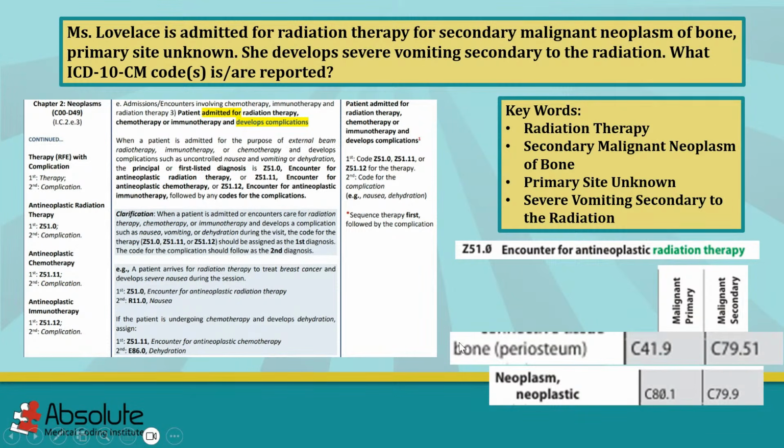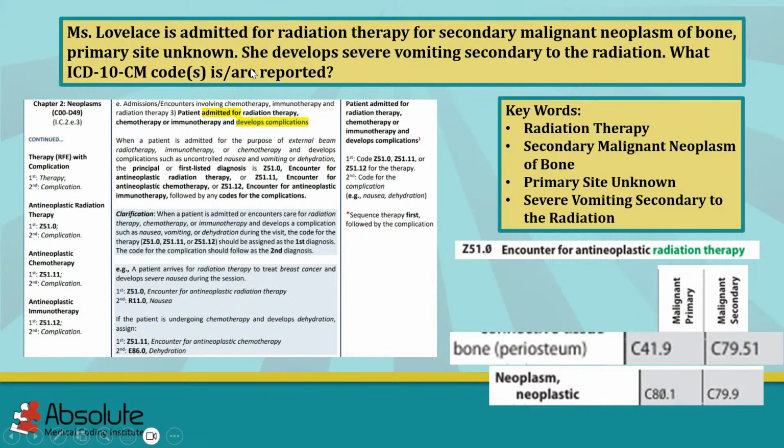So we're going to go back to that neoplasm chart, which is what we touched on before, the primary site unknown. Since it is the primary site, we're going to be choosing code C80.1, which a lot of people found in there. So that was amazing.